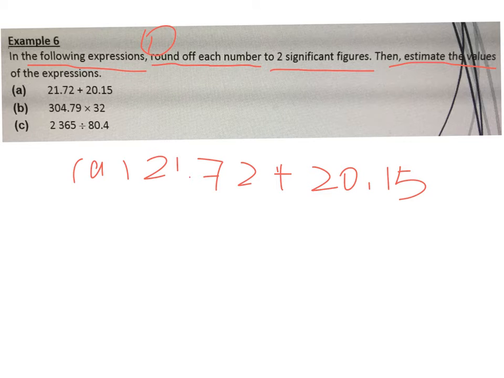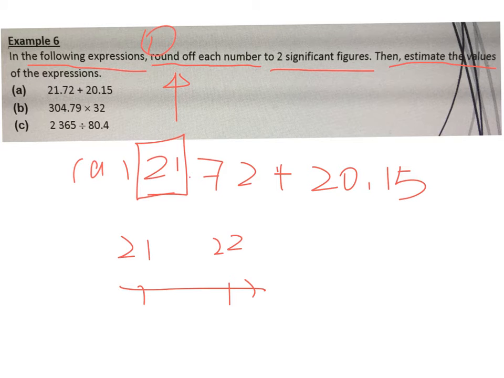For the first number, 21.72, the first two significant figures give 21, and the next one is 22. So 21.72 is much nearer to 22. After rounding off, it is 22.